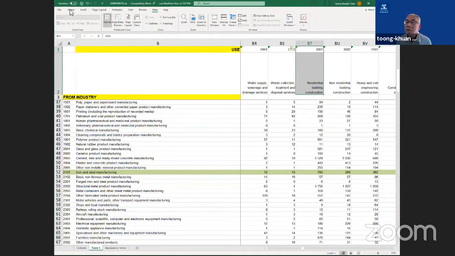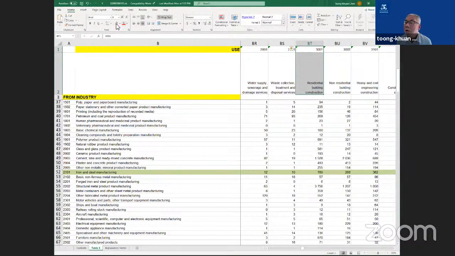This is residential construction. Iron and steel contributes $760 million worth of products to residential construction. So this table basically gives you full information of how goods and services flow in an entire country.